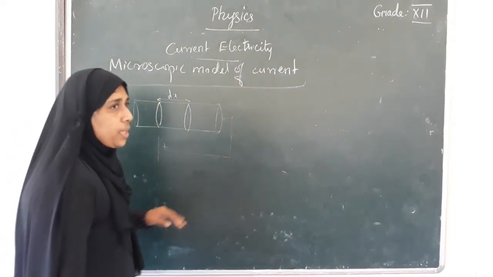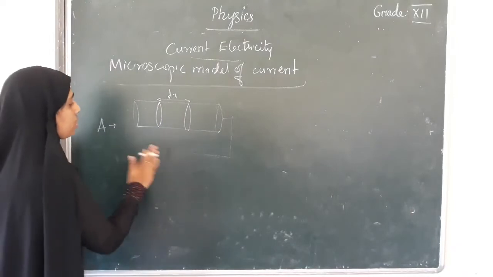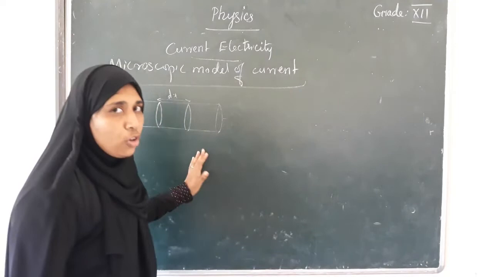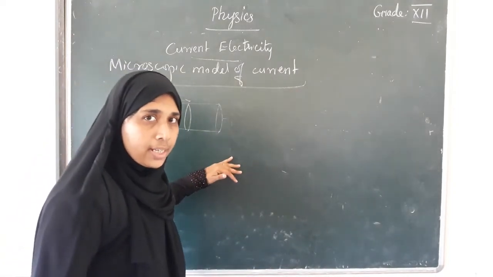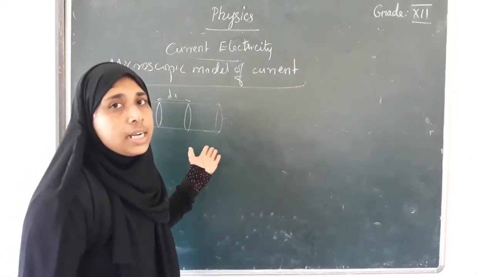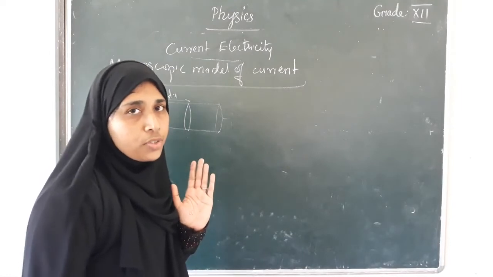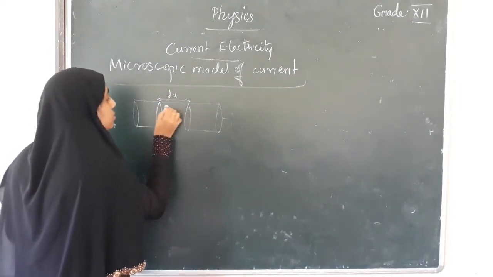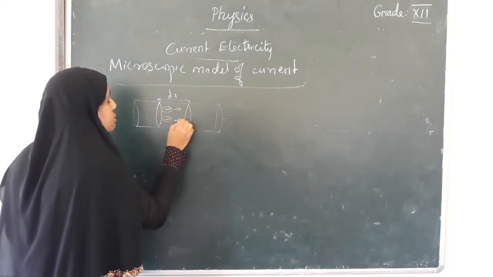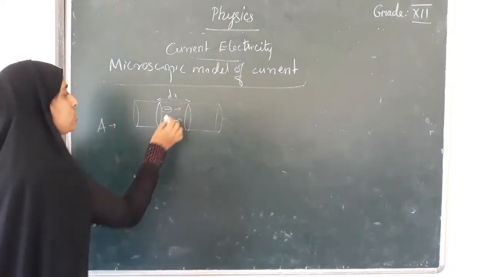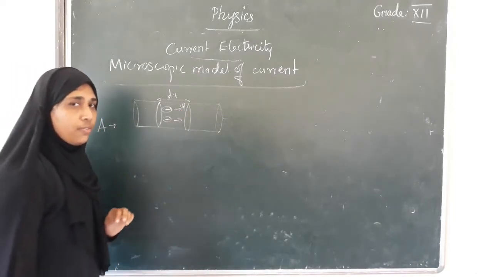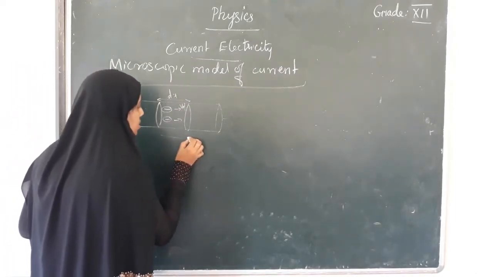So what will happen? When there is no electric field, there will be no current. When the electric field is applied, the electrons drift towards the positive terminal. So we can consider the electrons drifting in this direction with velocity Vd.